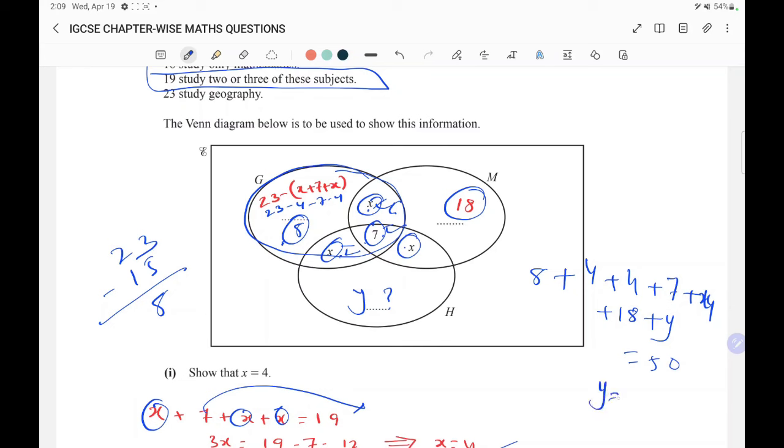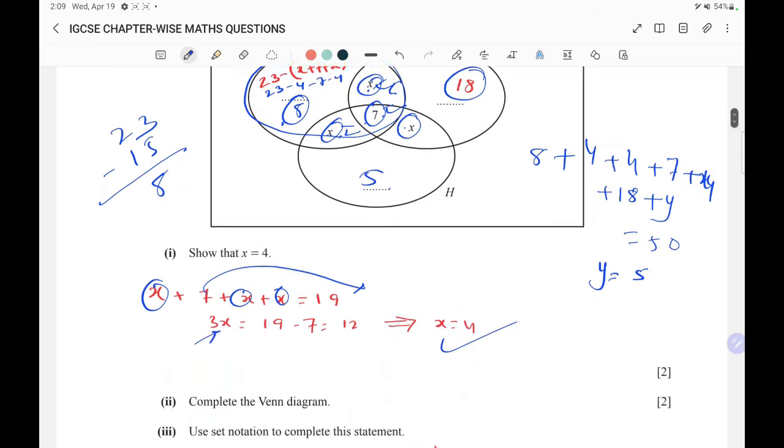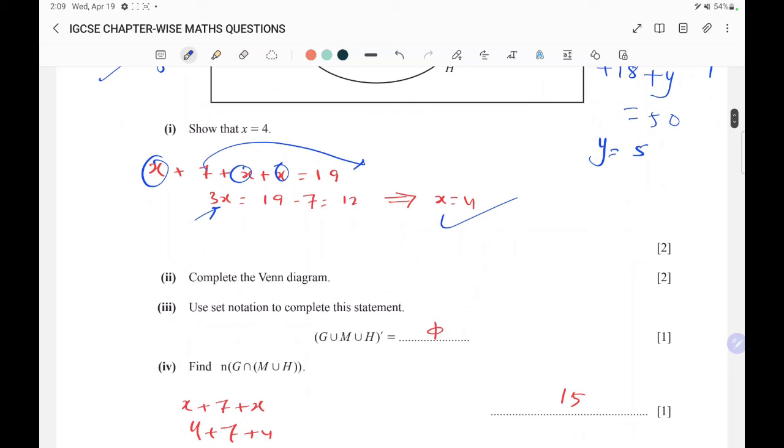After calculation, guys, you will get y as 5. So this part will be 5. So we completed the Venn diagram.